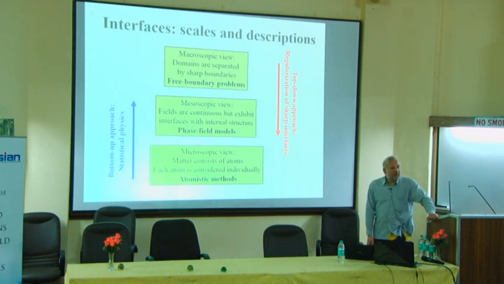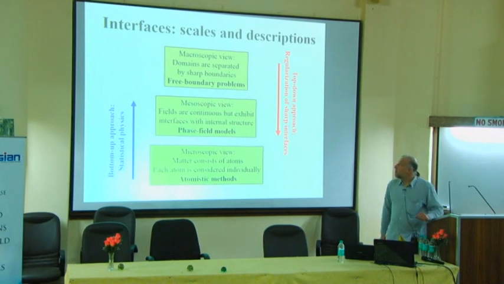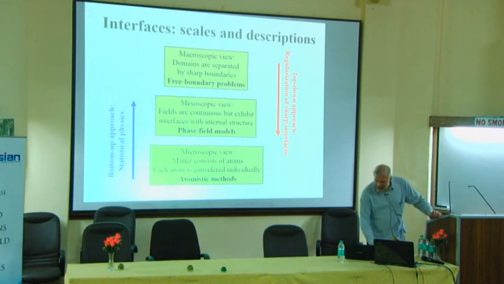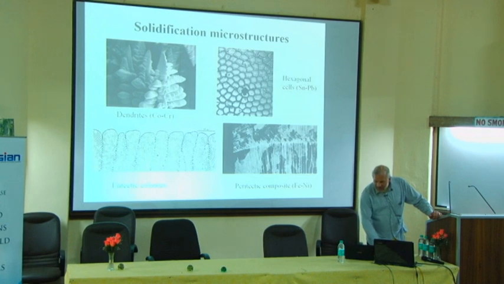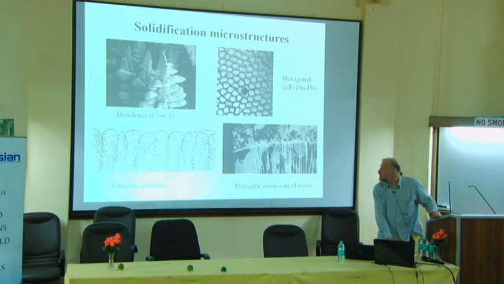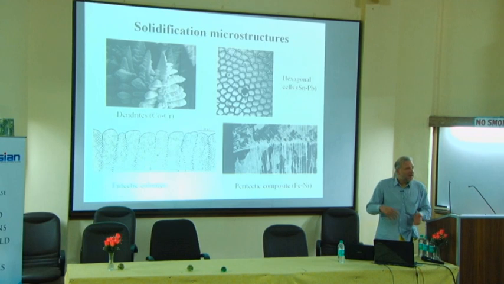Of course, you can look at interfaces at various scales. Now, what you are familiar with and what you see in these pictures, in some sense, is the macroscopic scale. So on the macroscopic scale, you see one domain filled by one phase, another domain filled by another phase, and the surface just looks like a smooth surface.